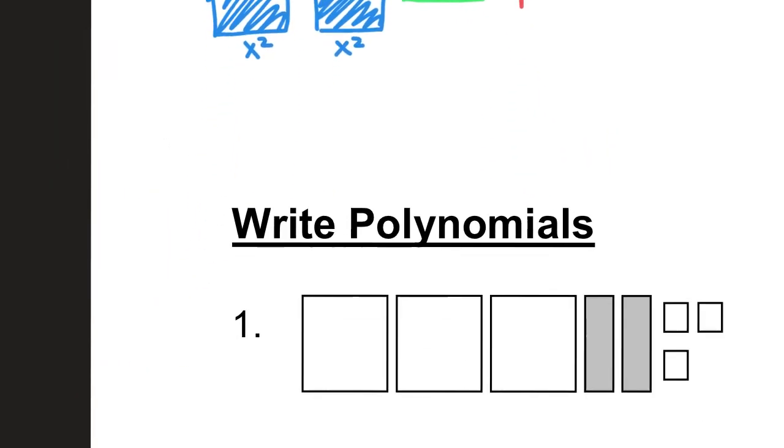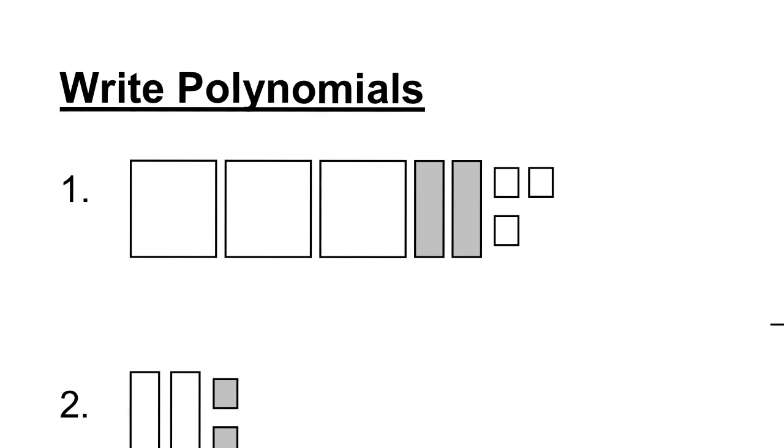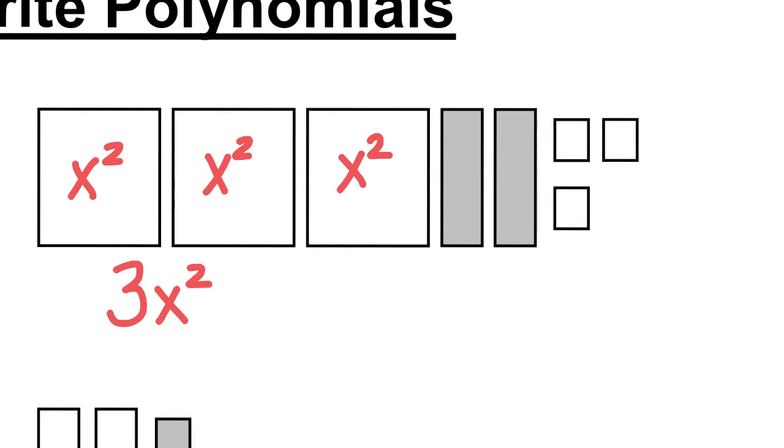Now when we're given polynomials, we're going to write them in algebraic terms. So let's look at each one of these. This is an x squared, and it's a positive x squared. And because there's 3 of them, we could represent it as 3 times x squared.